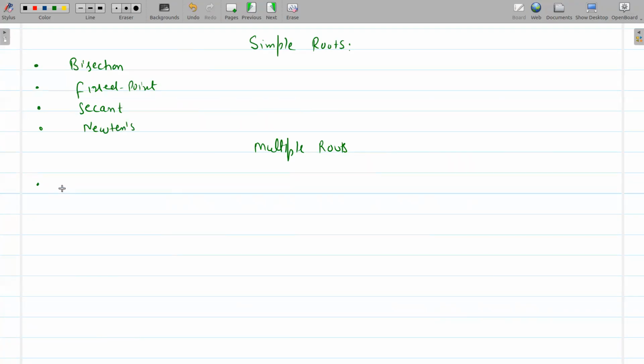So for multiple roots, I have written, you can apply this formula for multiple roots as well. You can apply simple Newton also.